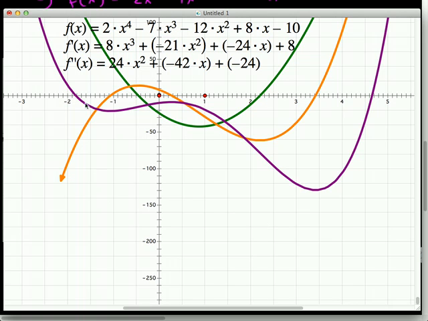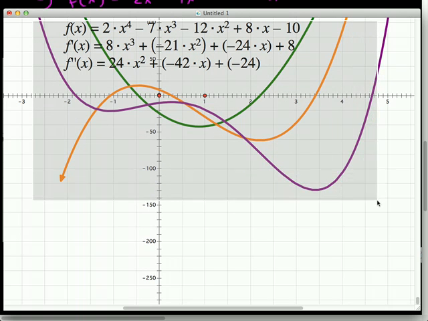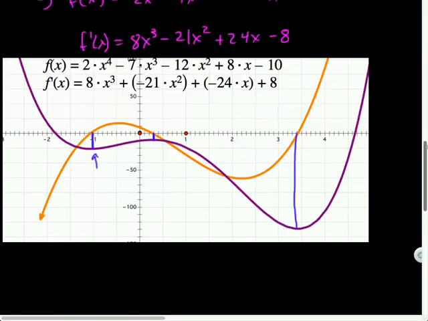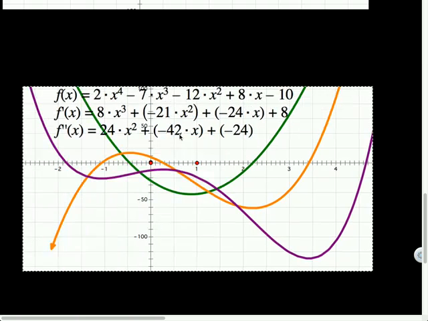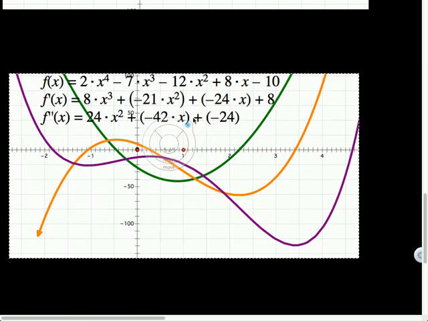So what coincides with the x-intercepts of the second derivative? Okay, the critical points of the first derivative, so there's a maximum value and a minimum value, right? Oh sorry, what did I just do? Okay, the green one is the second derivative, my bad.